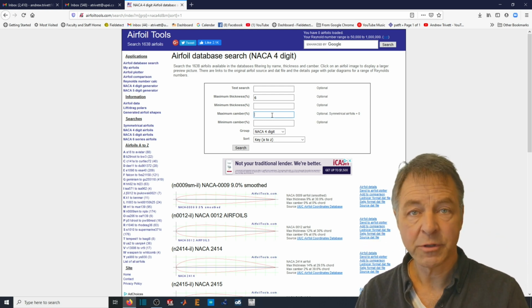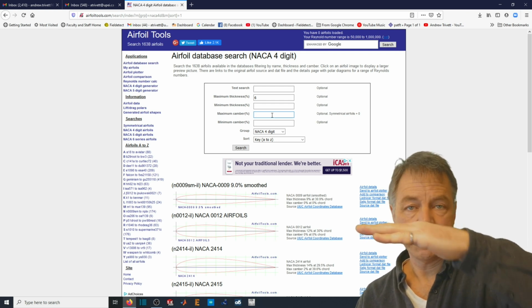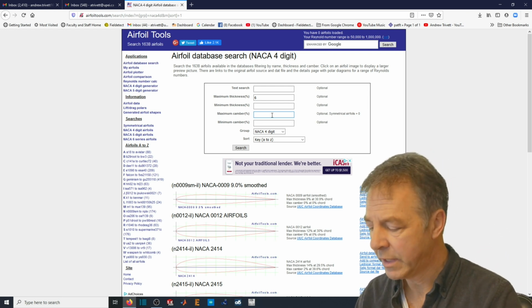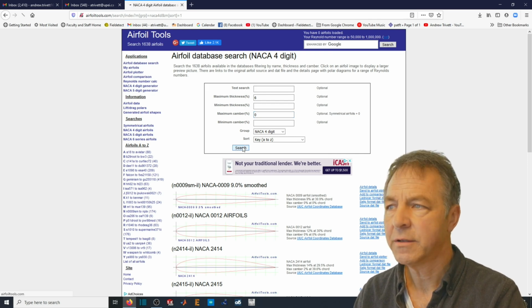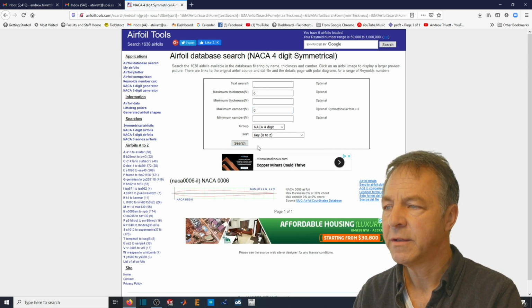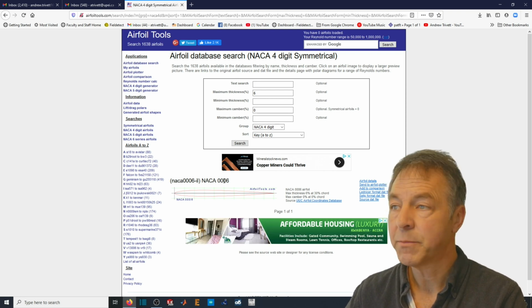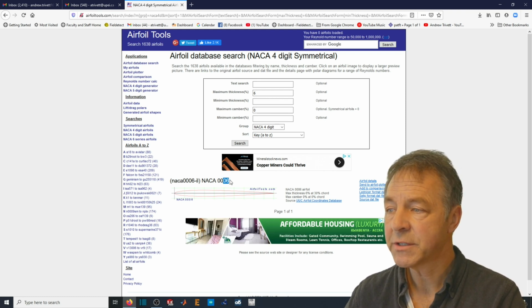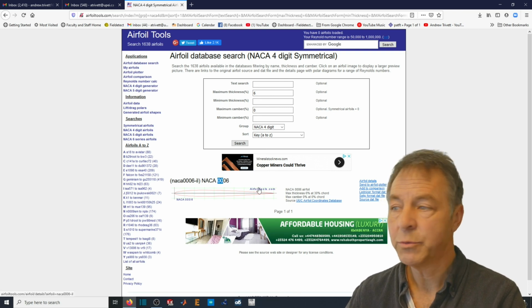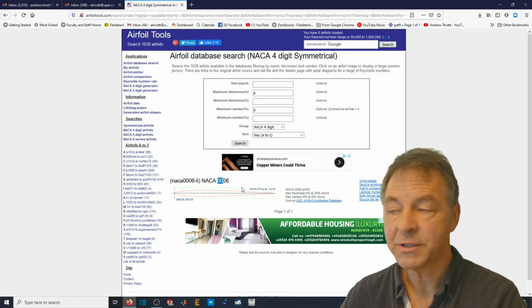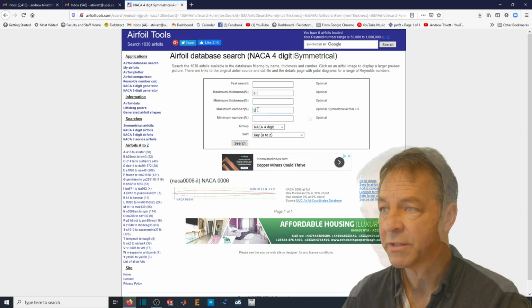A symmetrical airfoil, with no curvature, essentially a flat plate, would have 0%. We can search for that, and for a 6% thickness, 06 would be the last two digits. For 0 camber, we would get an NACA series number 0006.